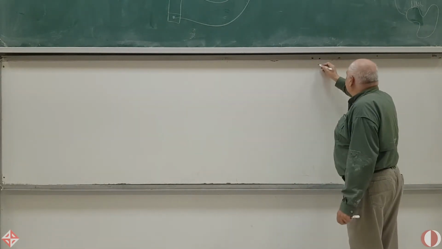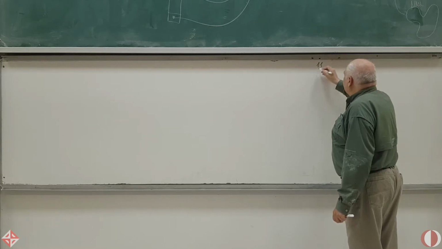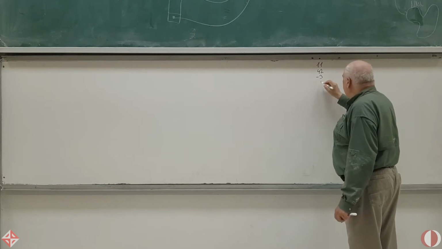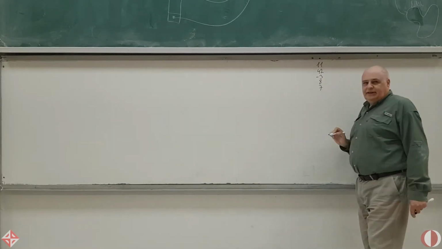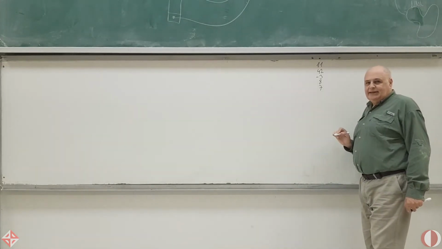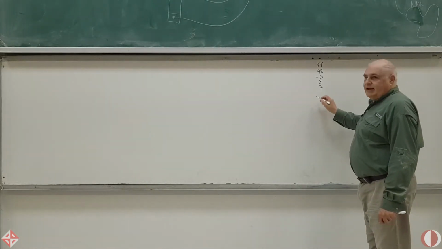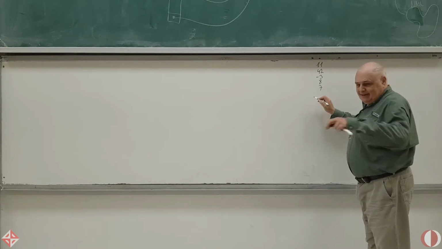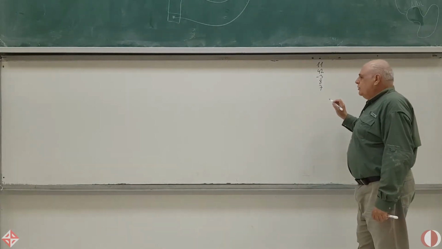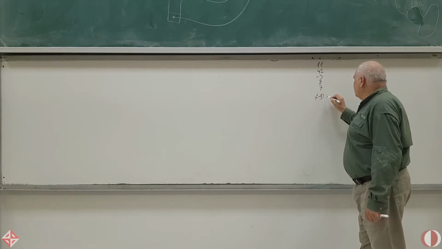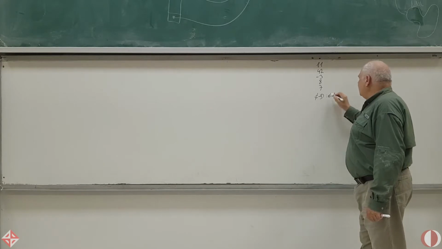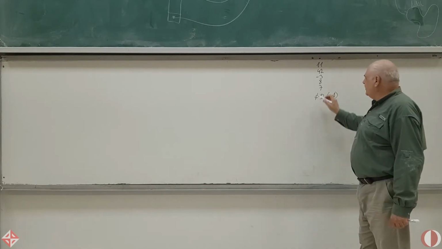Just give some example, like 11, 42, minus 3, 8 and 7, right? And then hit Control D, end of file, right?